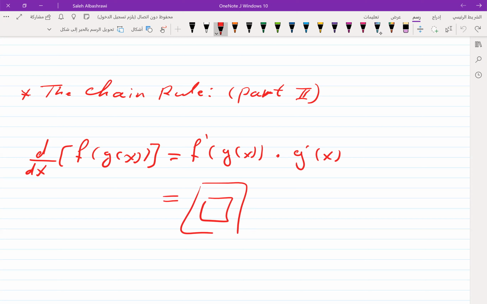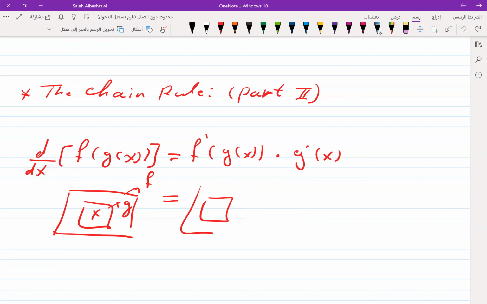We said that the composite function is like boxes, where the outer one is the outer function and the inside one is the second function. And to find the derivative for this one, we will open the first function, that will be f prime, and keep g inside as it is.